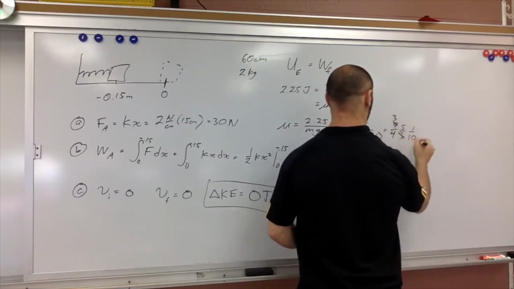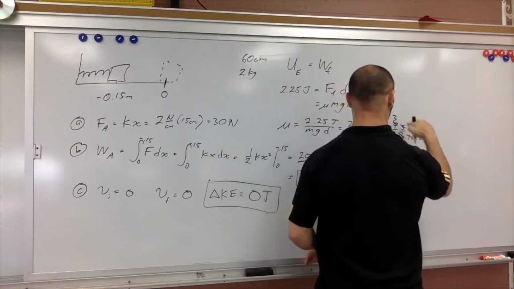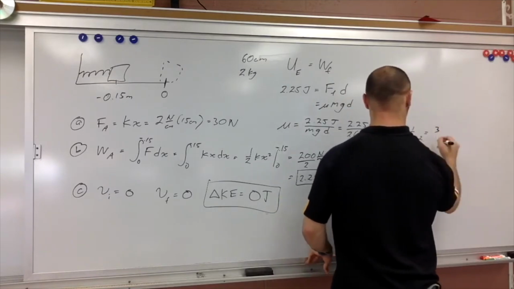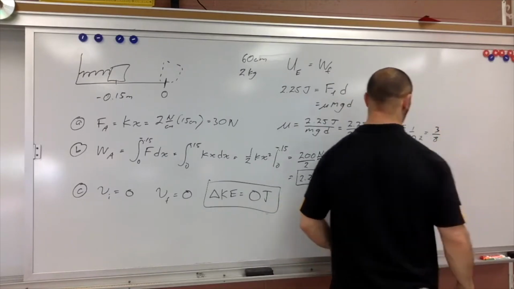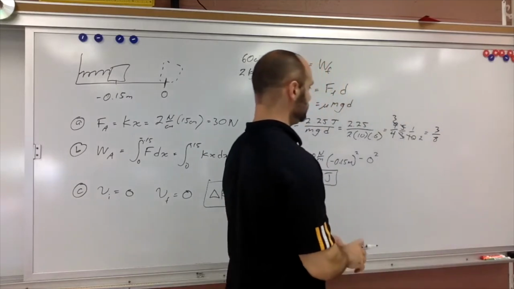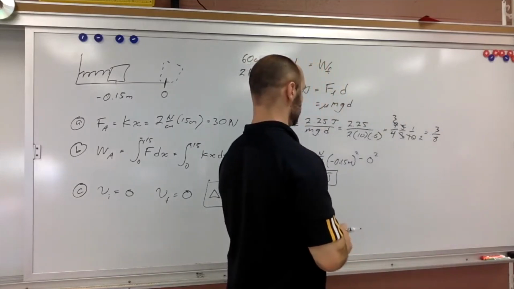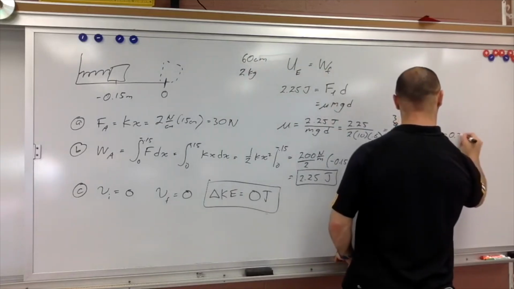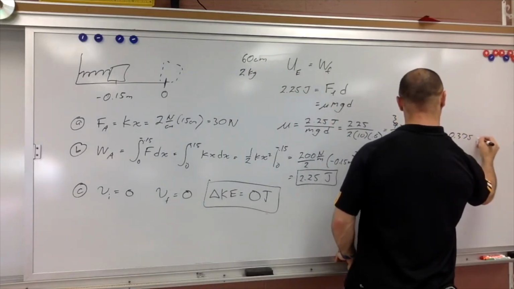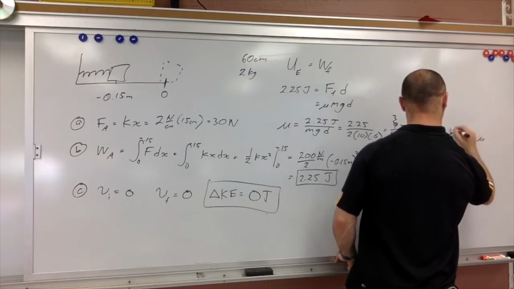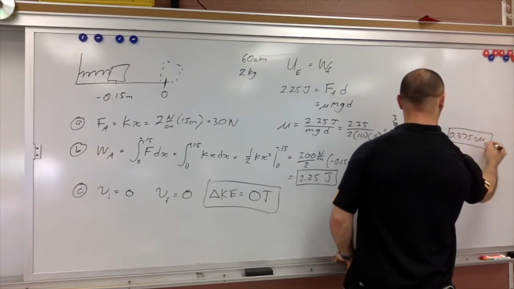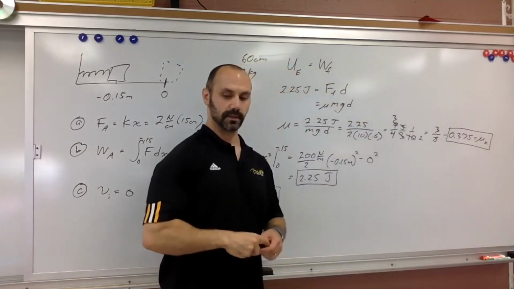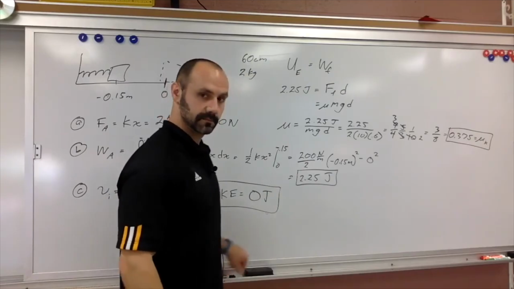I get a 3 here, I get a 2 here, so 3 on the top, and an 8 on the bottom. 3/8. So that's going to be 0.375 or something like that. And mu K, because it's the coefficient of kinetic friction. I think that's right. I was just trying to do it in my head. And that's it for this packet.